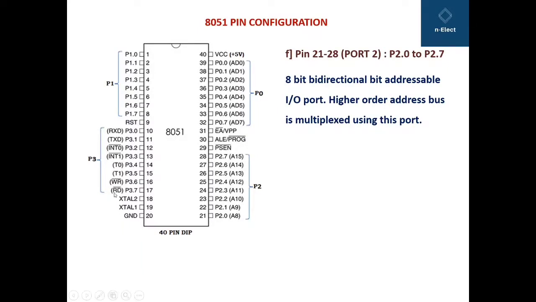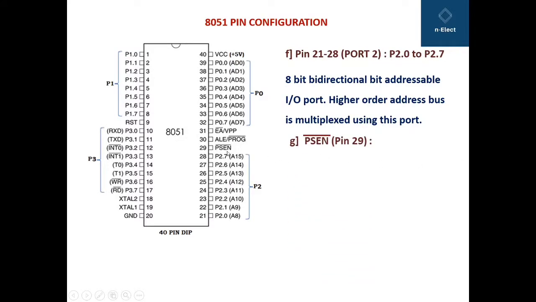So here higher order address bus, you can say A8 to A15. The lower order address bus is from AD0 to AD7, means A0 to A7, but it is here multiplexed with the data bus. That's why we are writing AD0 to AD7. So A0 to A7 is the lower order address bus, while A8 to A15 is the higher order address bus. So here this higher order address bus is multiplexed using this port 2.